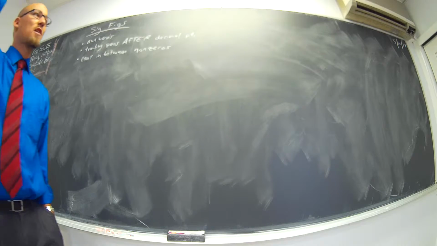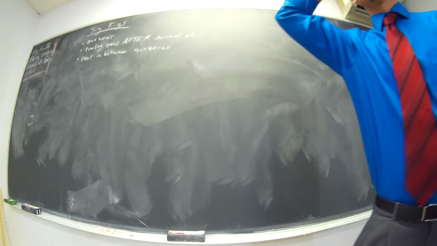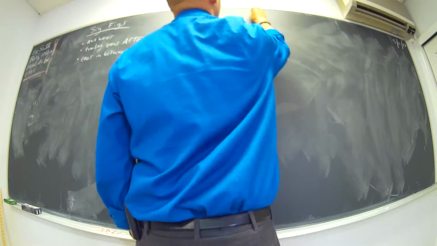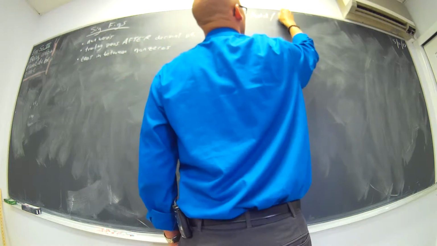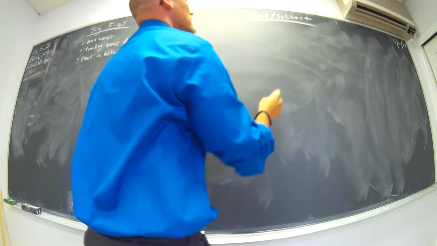So we still have to talk about what happens when you add, subtract, multiply, or divide significant figures. Let's talk about adding and subtracting significant figures. Let me pull an example.